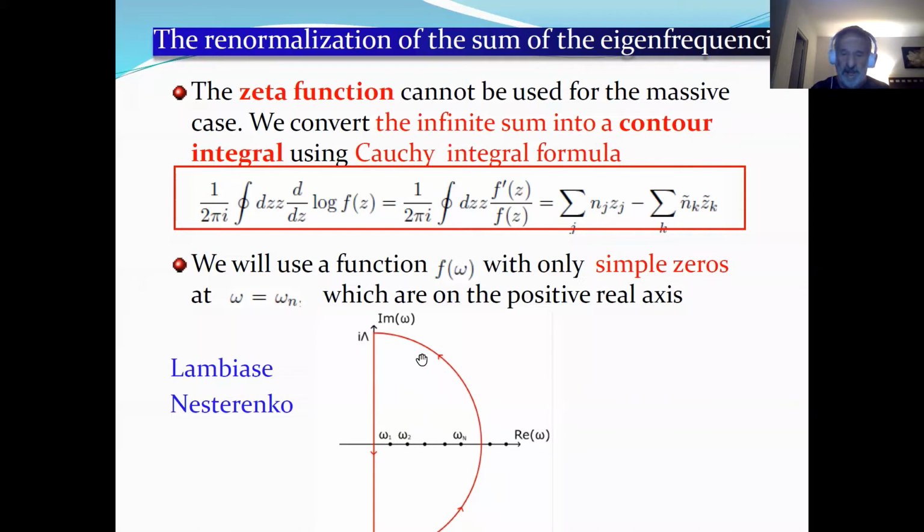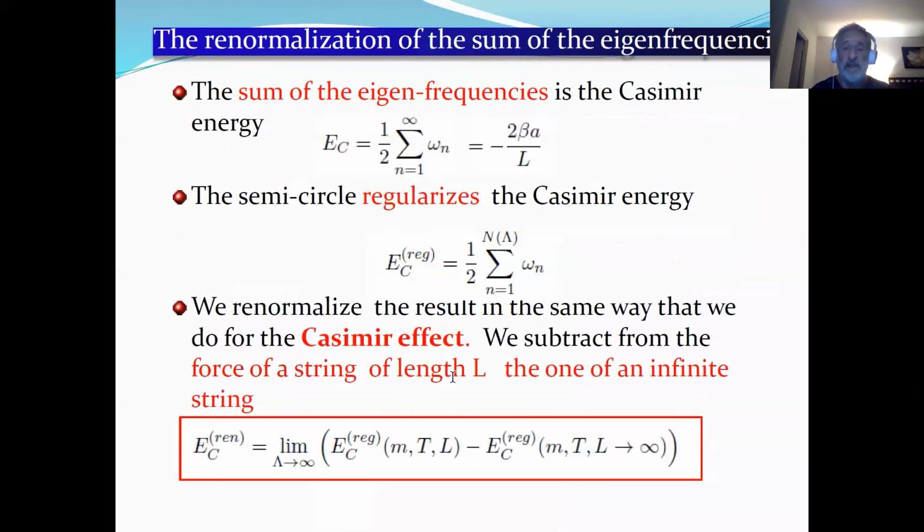So it has the following structure. We have the zeros of the function that we want to sum over, and we will do this contour integral along the imaginary axis and along the semicircle. And this is of course already regularized because we took the circle at some radius lambda and not at infinity. So that's the regularized energy when we sum over n, which is a function of lambda.